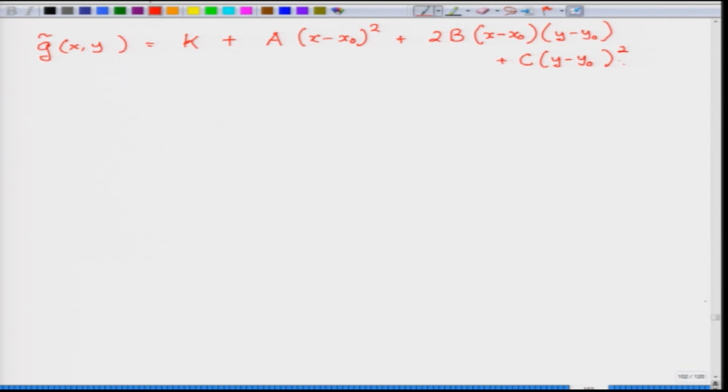Now, in this case we will again assume AC minus B square is not equal to 0. This is something which is important for us. This has to be maintained. This will imply that x naught y naught is the only critical point.